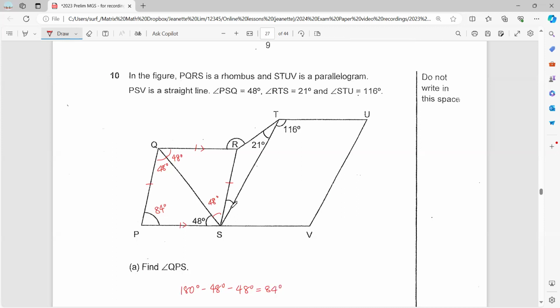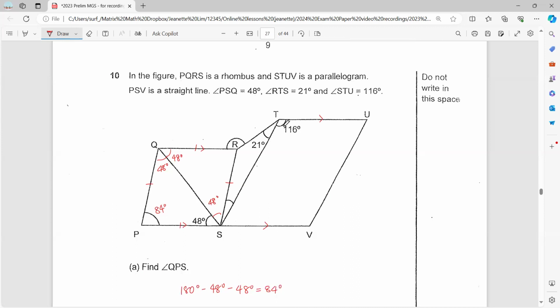Okay, to find RST, angles on a straight line means that I have 48, I have 48. If I can find this angle, I would be able to find RST. Because we have parallel lines and they are very useful, interior angles 116 and this angle TSV give you 180.